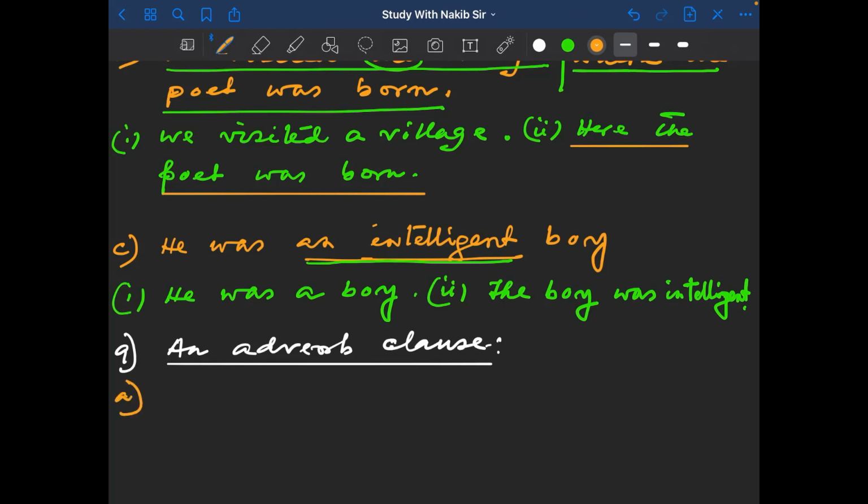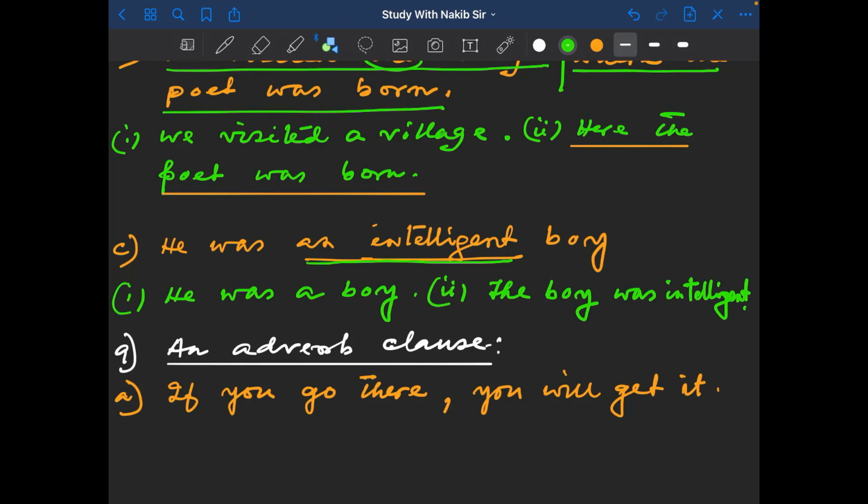If you go there, you will get it. You know, if you go there is an adverb clause indicating a condition, and for this adverb clause a separate sentence can be made.